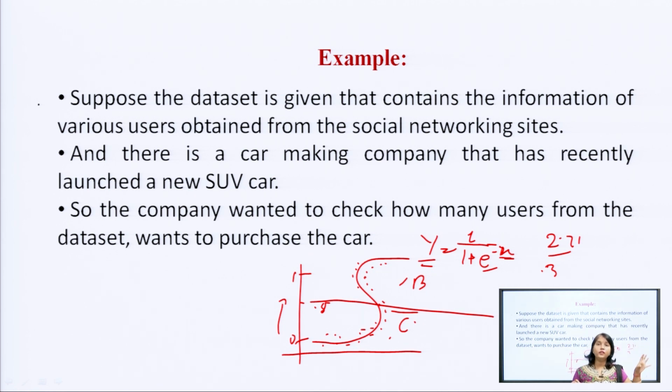Several other methods you have seen till now, that was the decision tree, the KNN, the support vector machine. These are all techniques by which you analyze the data, and how it is analyzed is already there in the video. So just see and check how the dependent variable will be able to take the decision, isn't it?